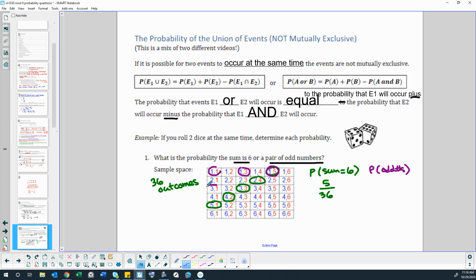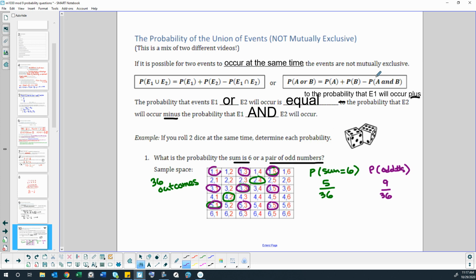Those all have 2, so those don't work. 3 and 1, 3 and 3, 3 and 5. Those all have 4, so none of those work. 5 and 1, 5 and 3, 5 and 5, and then those all have 6s, so none of those are a pair of odd numbers. So we have a total of 1, 2, 3, 4, 5, 6, 7, 8, 9 pairs of odd numbers, so 9 out of 36, right?